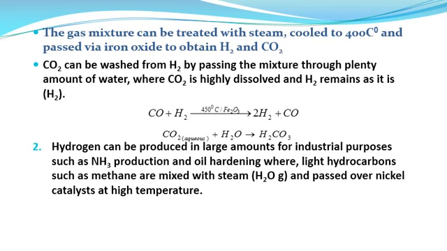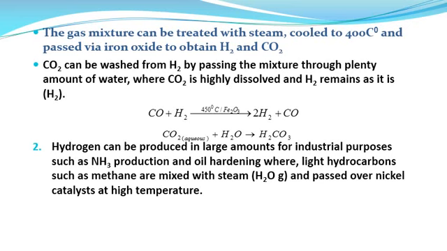The gas mixture can also be treated with excess steam, cooled to about 400 centigrade, and passed over iron oxide to obtain hydrogen and carbon dioxide.